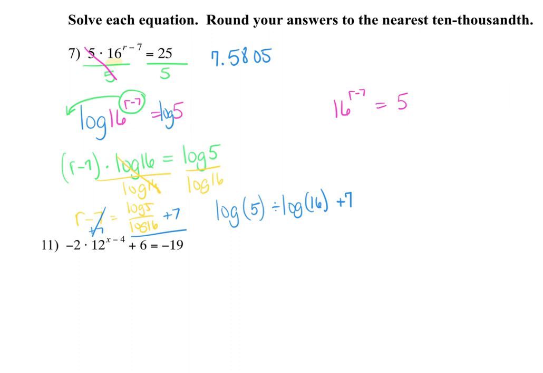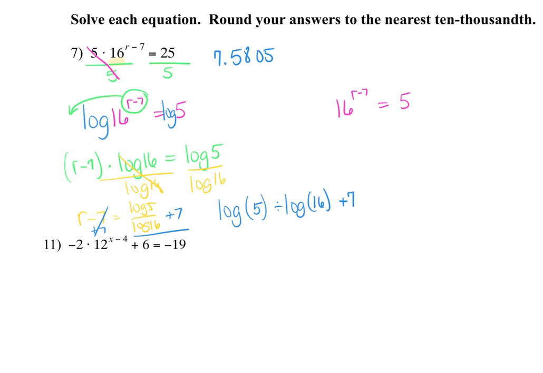All right, that is the first way you can do it. If you would prefer to use change of base that you just did, then instead of doing log base 10 of both sides, you're going to use whatever base you have. So you're going to say base 16. At this point, you still have to get the 16 by itself, so we don't skip this step up here.